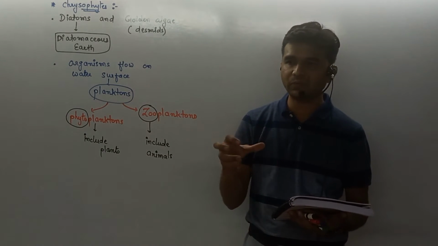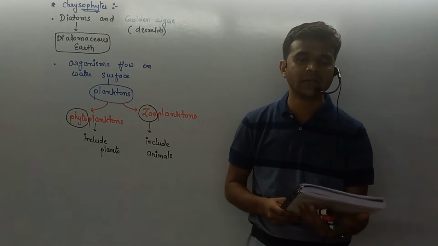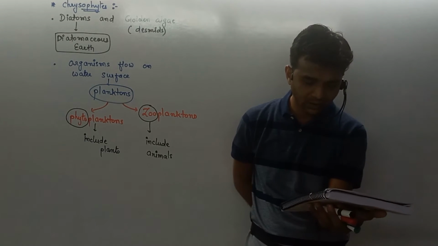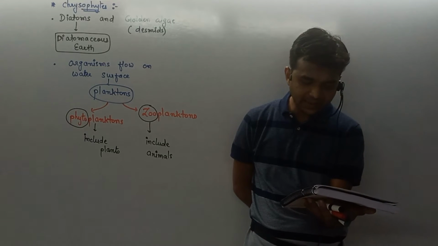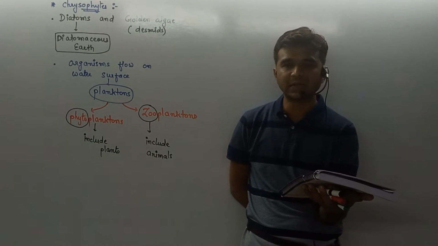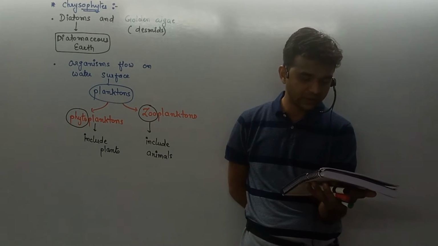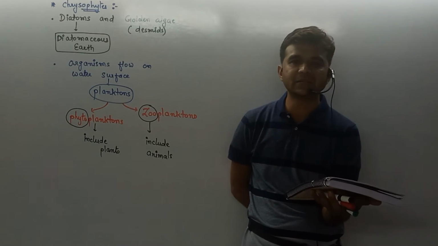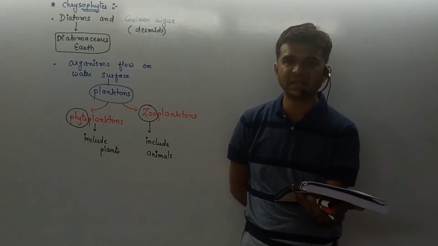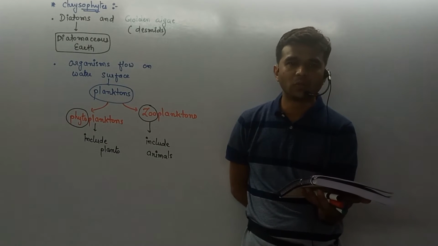So we say that the cell wall is very rigid, or very strong. The walls are embedded with silica. The cell wall consists of a very thick layer of silica, and thus the walls are indestructible. Means the walls are not destroyed, are not worn.